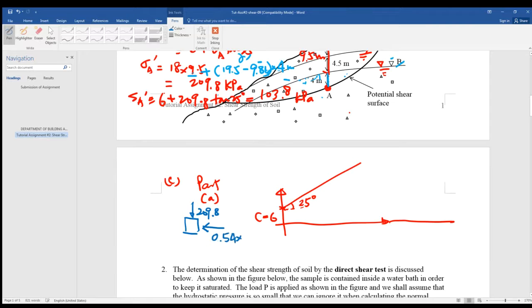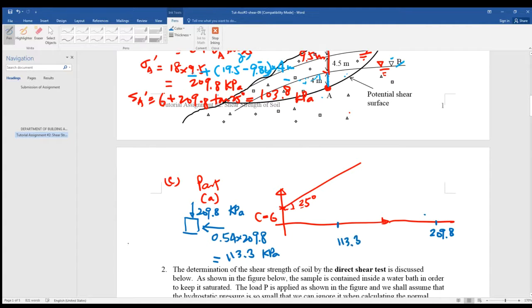0.54 times 209.8 gives you 113.3 kPa. So you've got the 2 points here. One is 209.8, and the other one is 113.3, right?